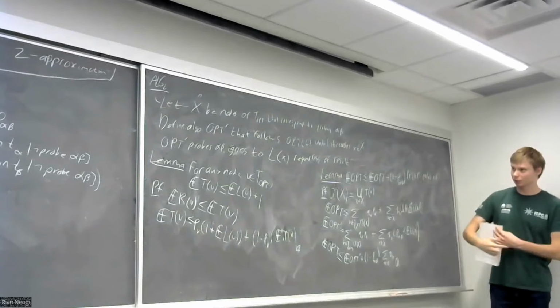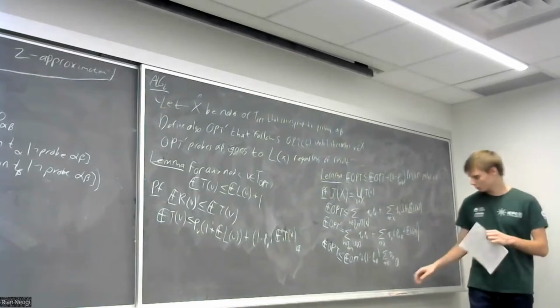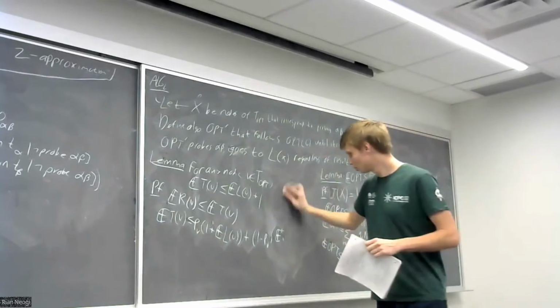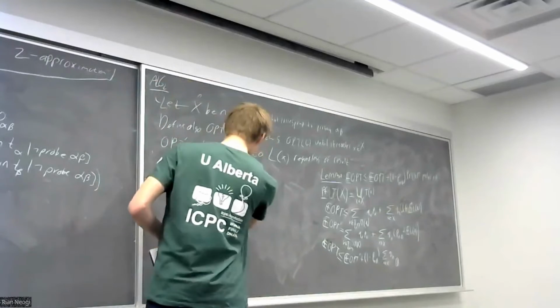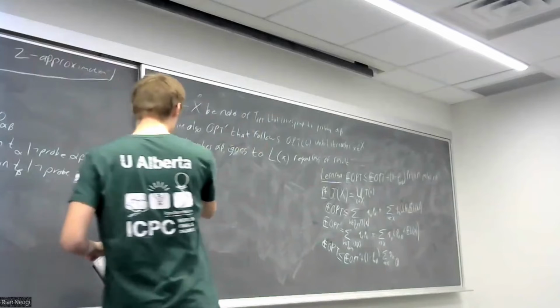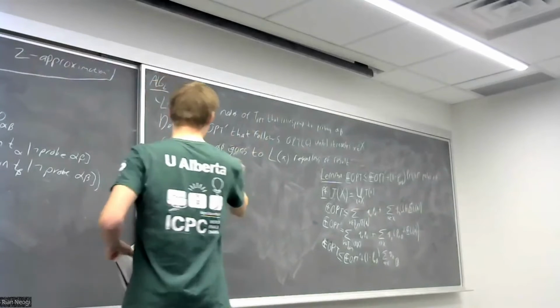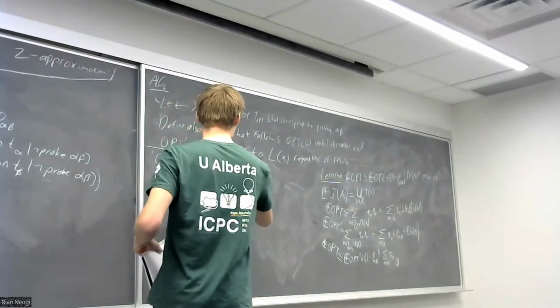And now we can design an algorithm for the left subtree. It's going to be the same as before, same idea. We're going to think of opt prime as a black box this time.